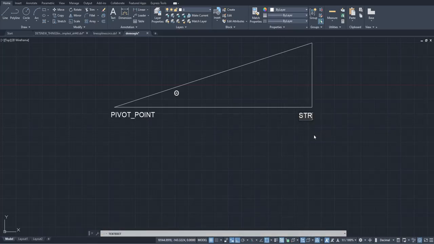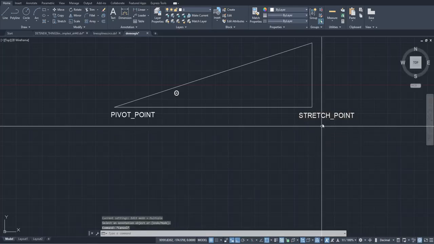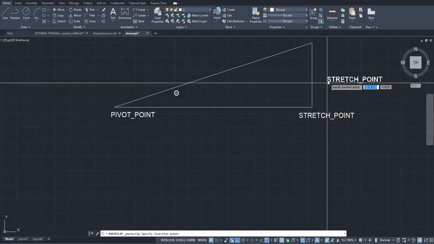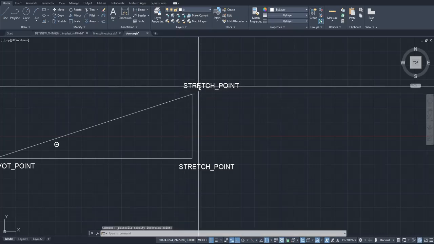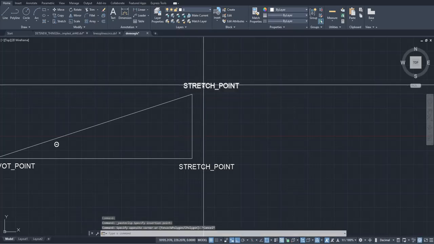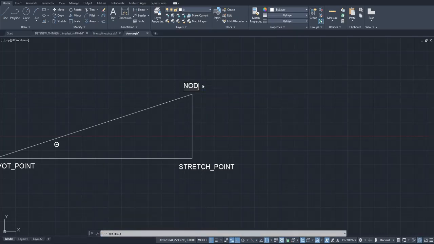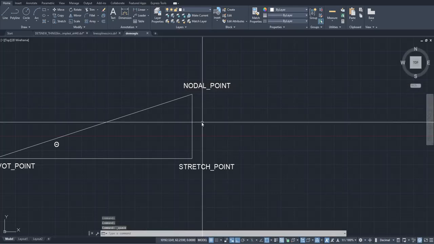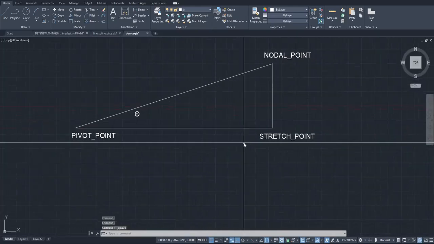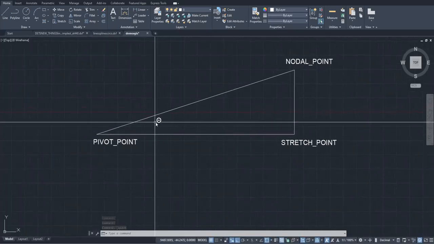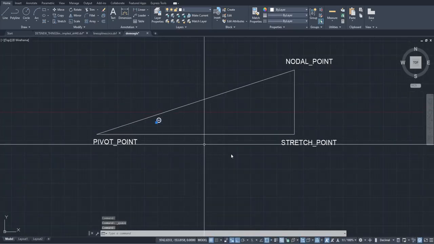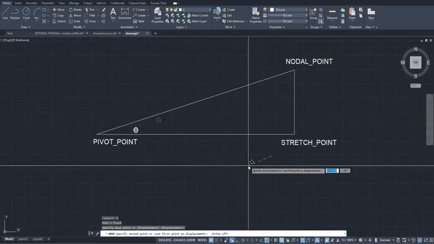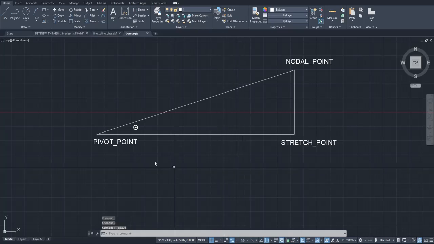This one is the stretch point where the base meets the perpendicular, and this is the nodal point where the hypotenuse meets the perpendicular. These official names are used in Sanjoy Nath's Geometrifying Trigonometry, because without these names we cannot define several theorems.